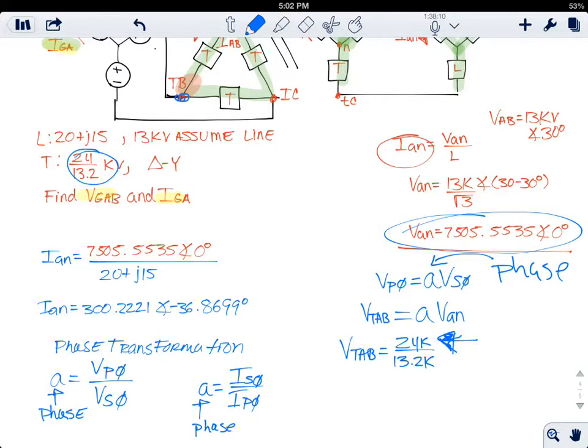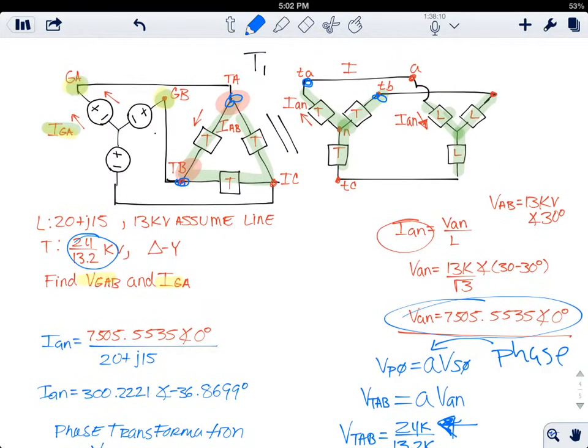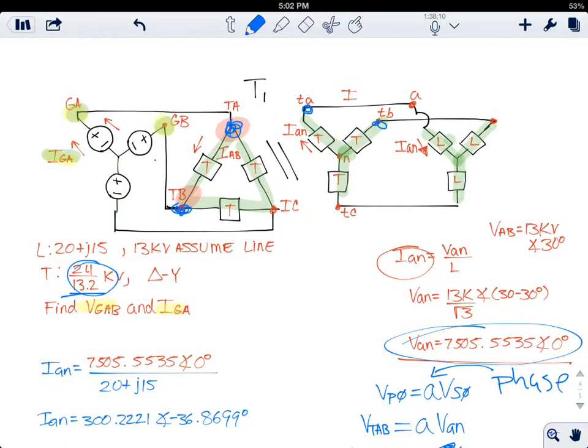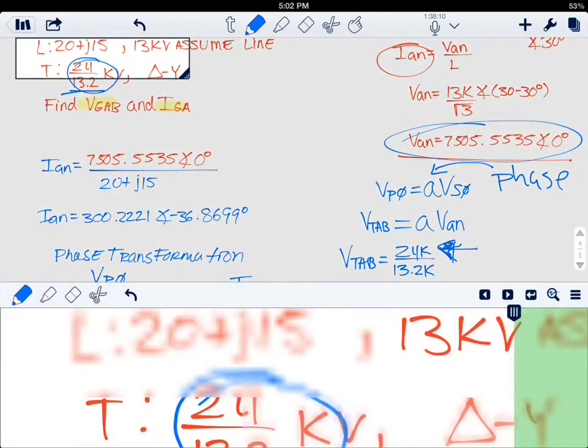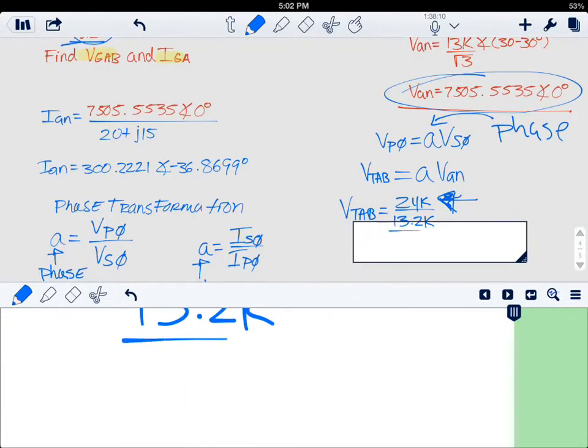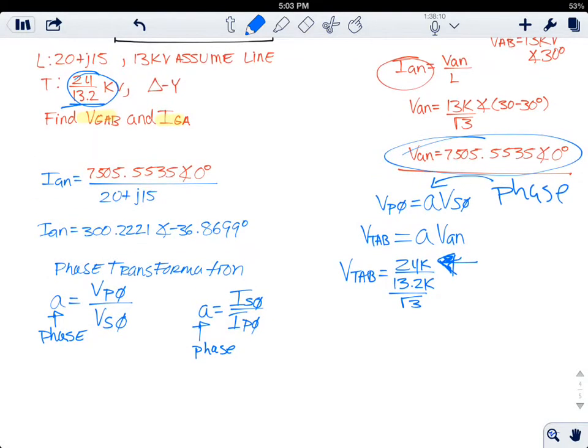In the first case, the 24,000, it is the phase voltage. But in the second case, the 13.2 thousand volts are not the phase voltage, but the line to line voltage. So you should divide by the square root of 3, and then you just multiply that.